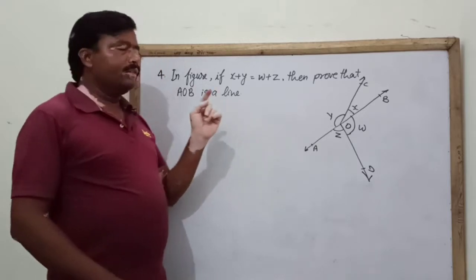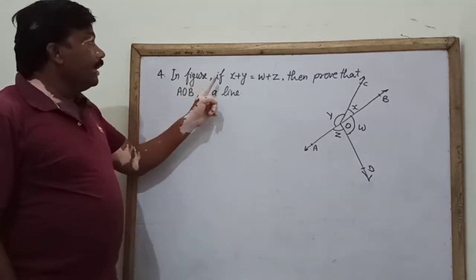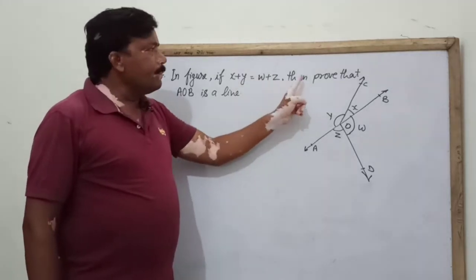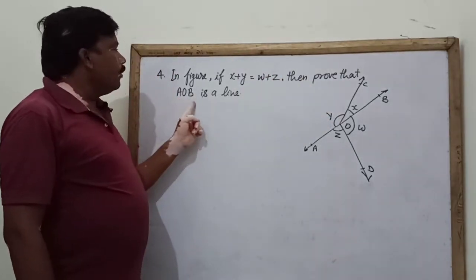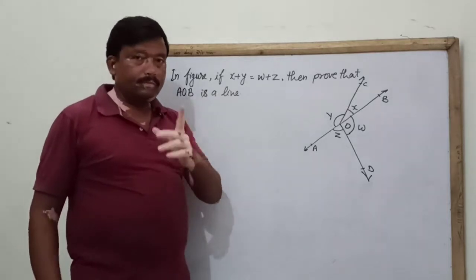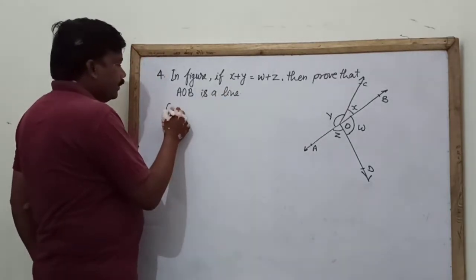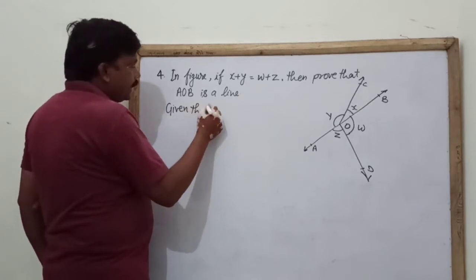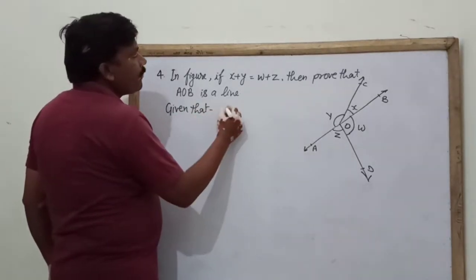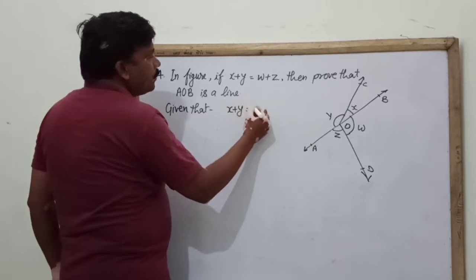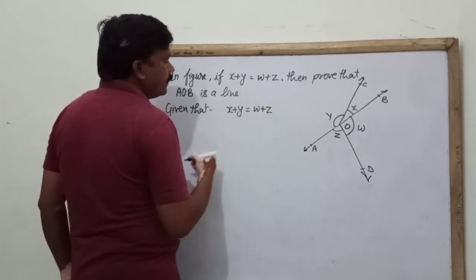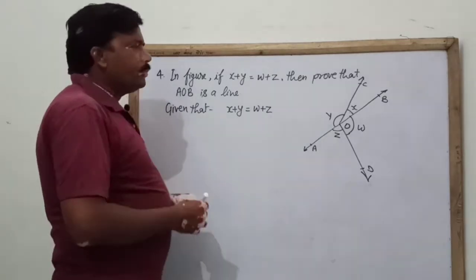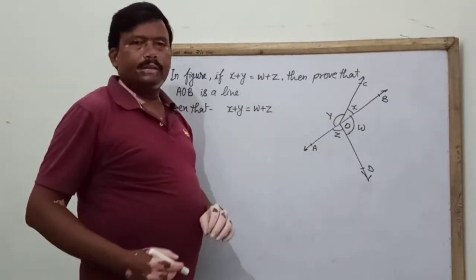The 4th question is: in the figure, if x plus y equal w plus z, then prove that AOB is a line. Given that x plus y equal w plus z, and we have to prove that AOB is a line.